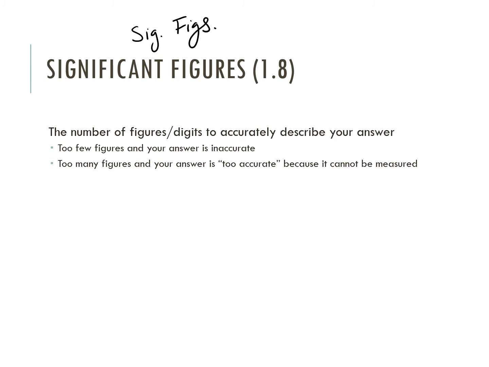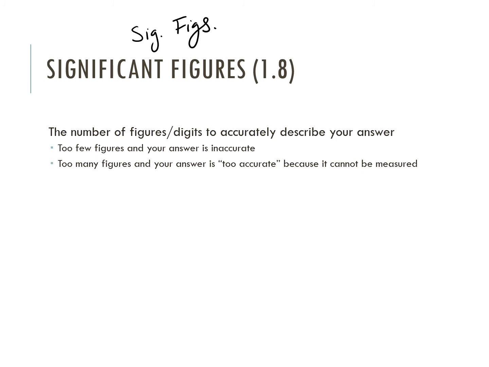I'm just lazy and don't want to write everything out. So the goal of significant figures is to accurately describe your answer. Now, there are different levels of accuracy out there. And the goal of significant figures is to make it so that it's correctly describing what's happening.